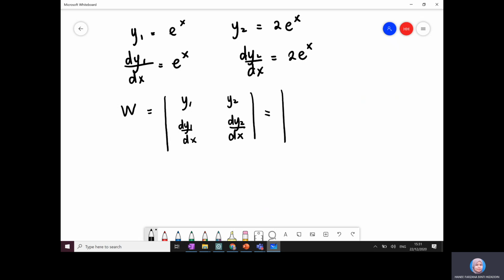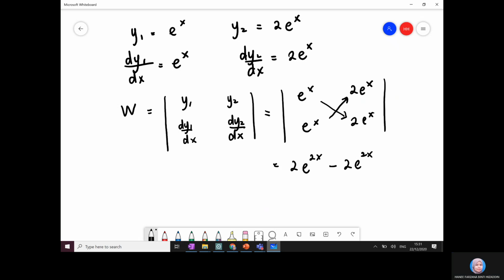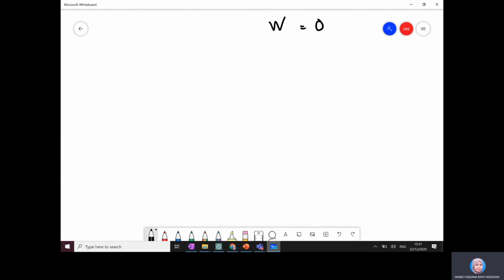You put in the expressions e to the x, 2e to the x, and 2e to the x as well. Then you multiply and subtract, and you get equal to 0. So since the Wronskian determinant is equal to 0, y1 and y2 are linearly dependent on each other.